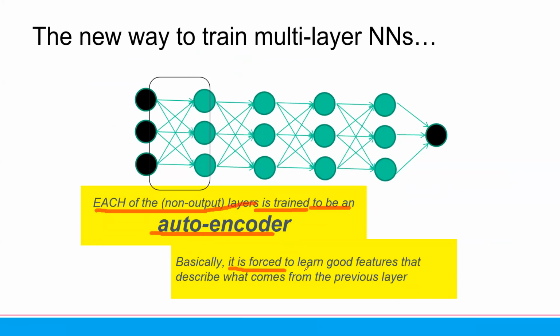Basically it is forced to learn good features that describe what comes from the previous layer. So if we have this autoencoder, after we have this result, we will find what the good features are, and then we do the next calculation. We check the good features, and then do the next, and so on until the end.